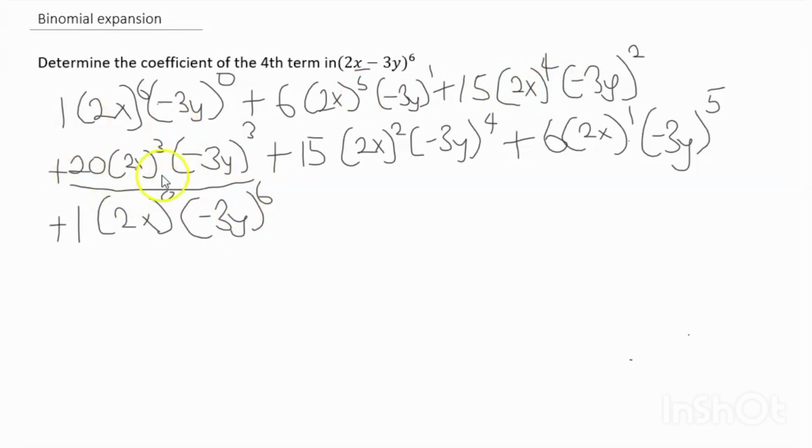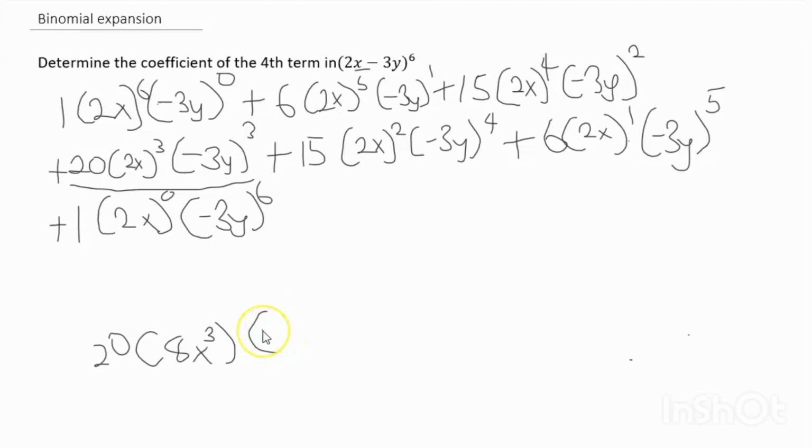So when we expand this, let's see what we get. So we have 20, 2x to the power of 3 would be 8x cubed. Minus 3y to the power of 3, 3 to the power of 3 would be 27.